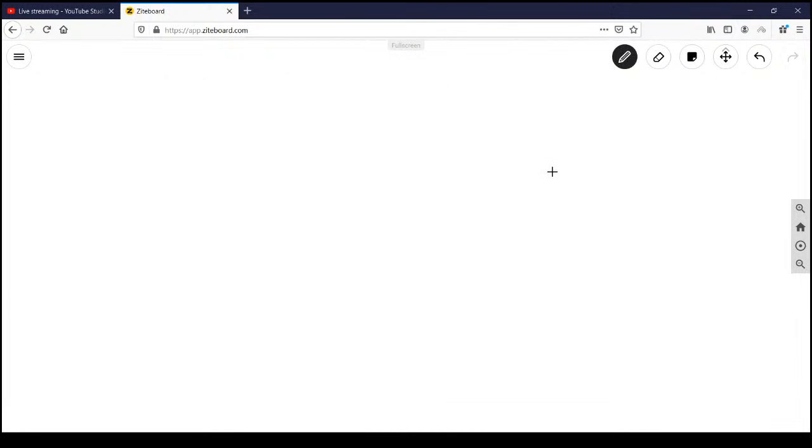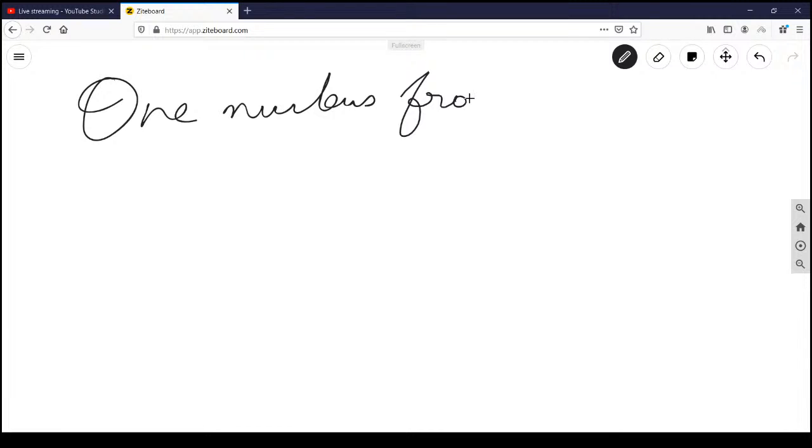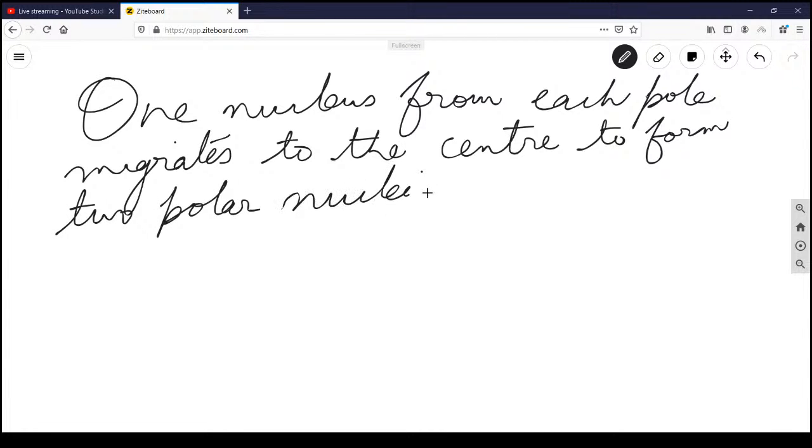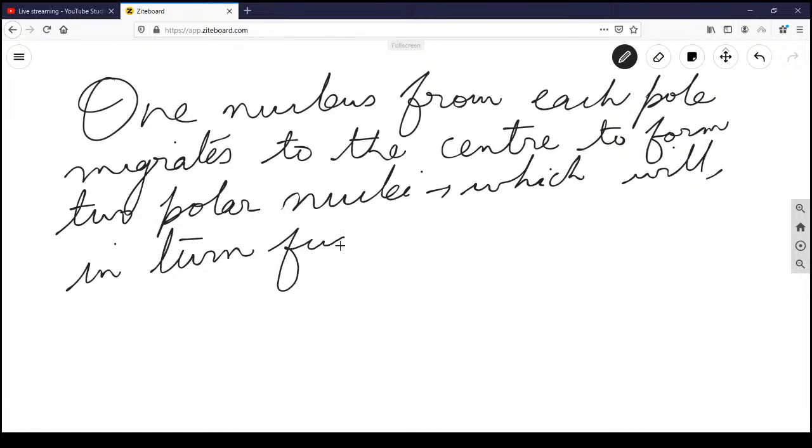So if you write it down, you can say 1 nucleus from each pole migrates to the center to form 2 polar nuclei, which in turn fuse to produce a diploid fusion nucleus or secondary nucleus.